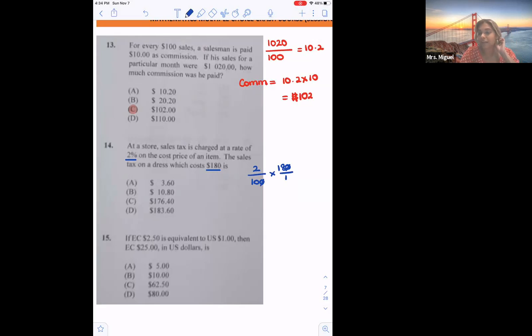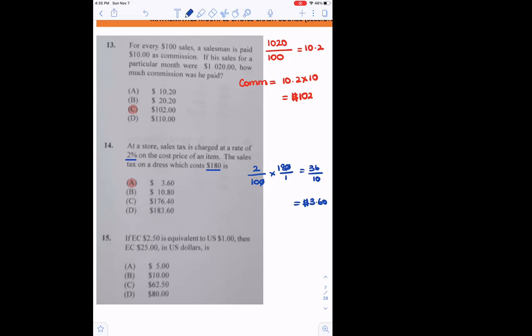But remember, we don't have a calculator, right? So we try to make it as easy as possible. 18 by 2 is 36. And 36 divided by 10 is $3.60. So the answer is A. Did you all get that? Yes, miss. Very good.